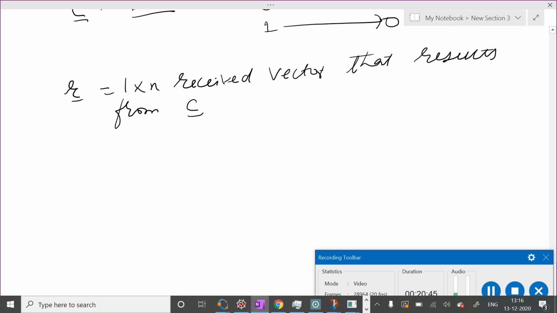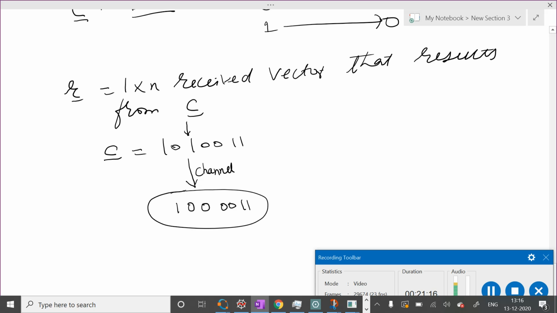Okay, now how can we realize the error? Suppose your code word was 1010011, and let's say when you transmit it over the channel, there is an error at this location. This 1 gets changed to 0, so you receive 1000011. This can be realized in this way.